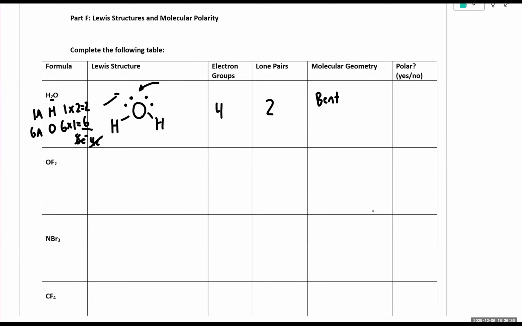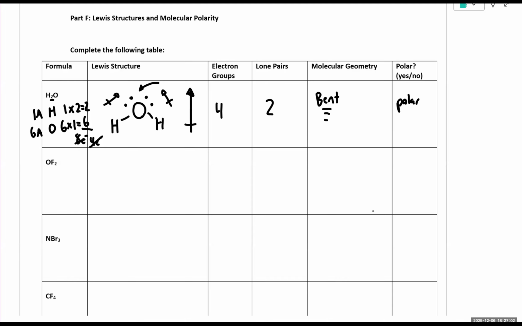And yes, we do. These oxygen-hydrogen bonds have a difference in electronegativity. And because this central oxygen atom has a lone pair, this geometry is bent and asymmetrical, so these bond dipoles don't cancel. There's a net molecular dipole, which makes this molecule polar.